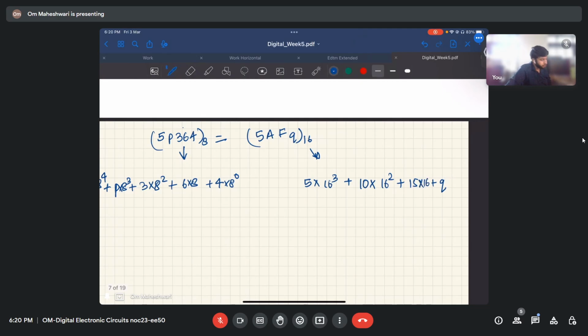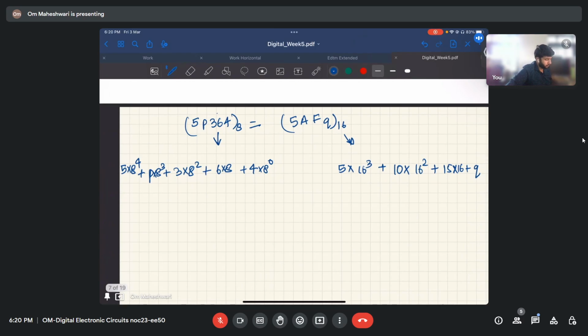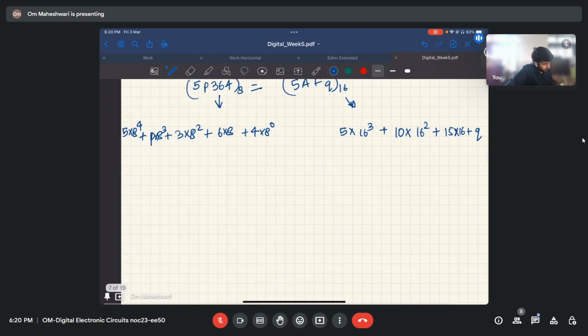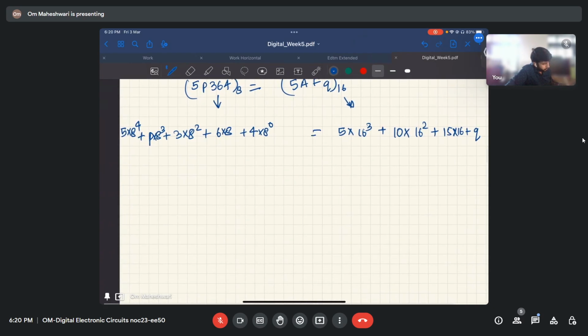Fine. So if I rewrite this part again, both are equal.